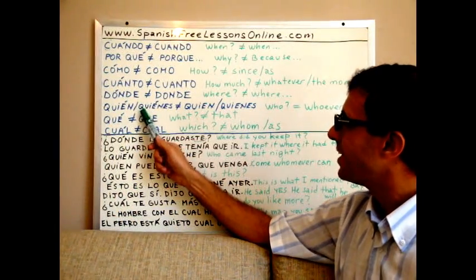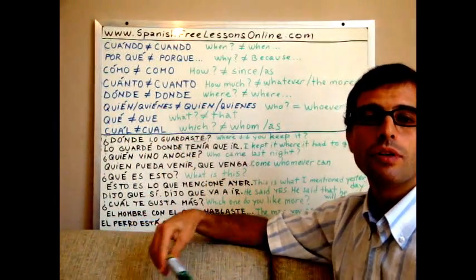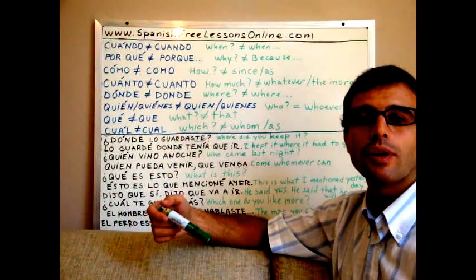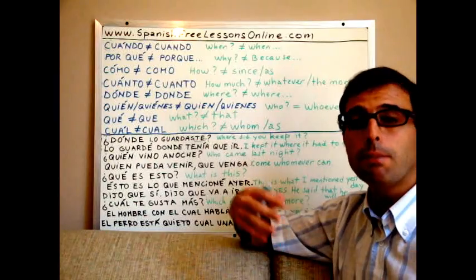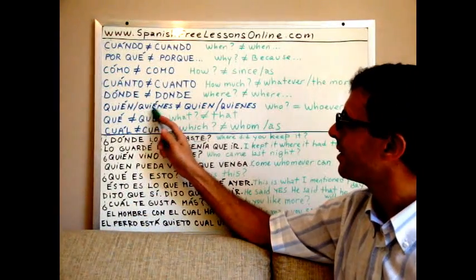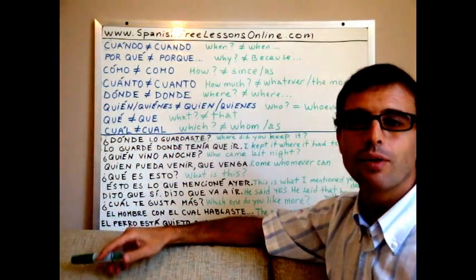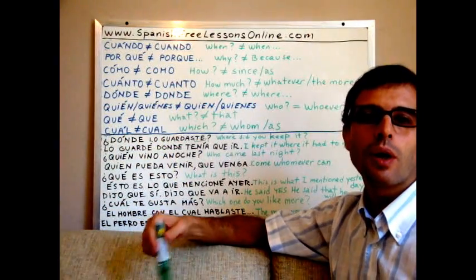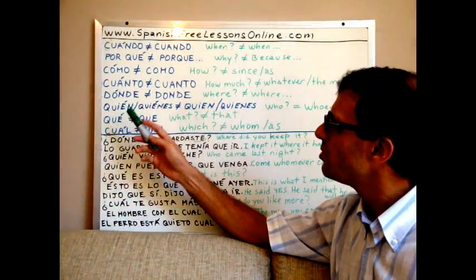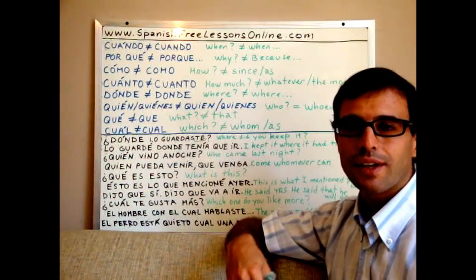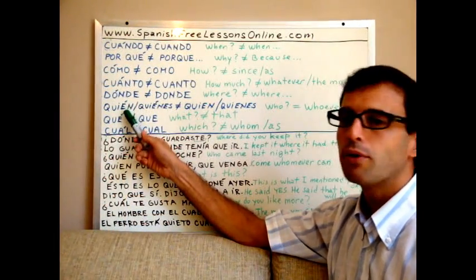We can also use ¿quiénes? if we want to speak in plural, right? If we want to ask who came last night, implying many people, we would ask ¿quiénes? If we ask ¿quién?, we usually mean one person, although usually also the singular can be used for generalization, for one or for many.